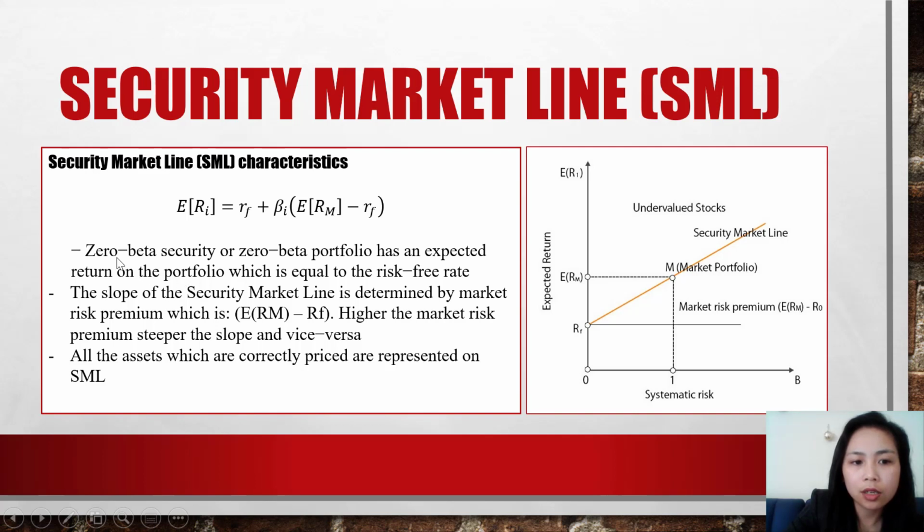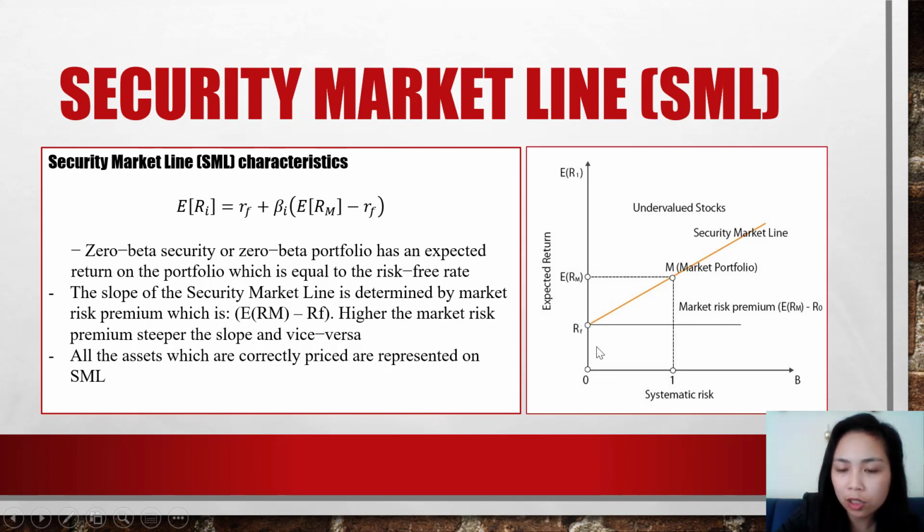And we got that a zero beta security or zero beta portfolio has an expected return on the portfolio which is equal to the risk-free rate. So we see here, if we consider the diagram, this is the security market line, and the security market line crosses the y-axis at the risk-free rate, right? That means when beta is 0, we got the expected return should be the risk-free rate.